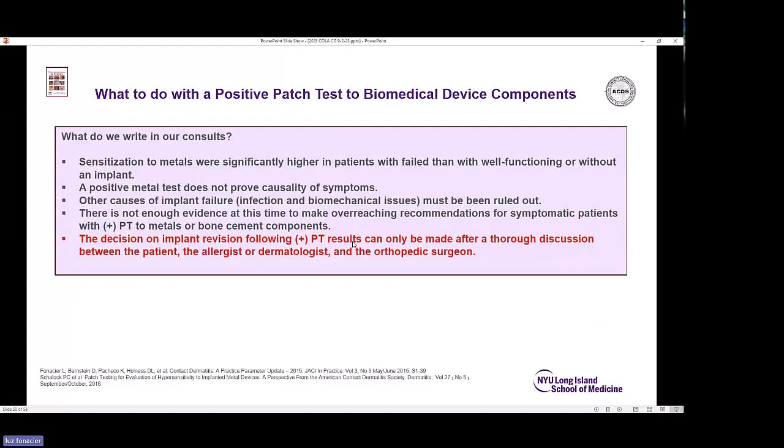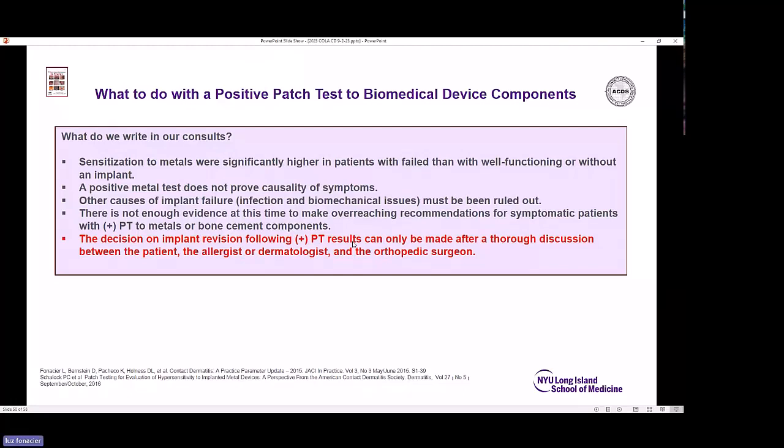Sensitization to metals is significantly higher in patients with failed implants than in those with well-functioning implants or without an implant. Next we say a positive metal test does not prove causality of symptoms, and you have to make sure that you have ruled out other causes, including infection and biomechanical issues.